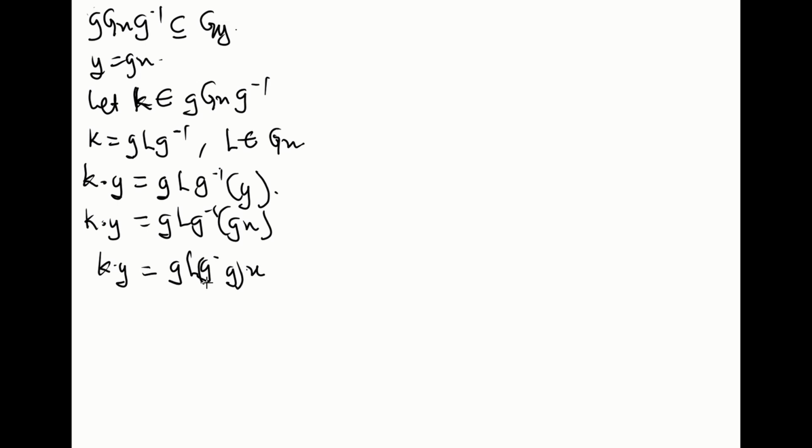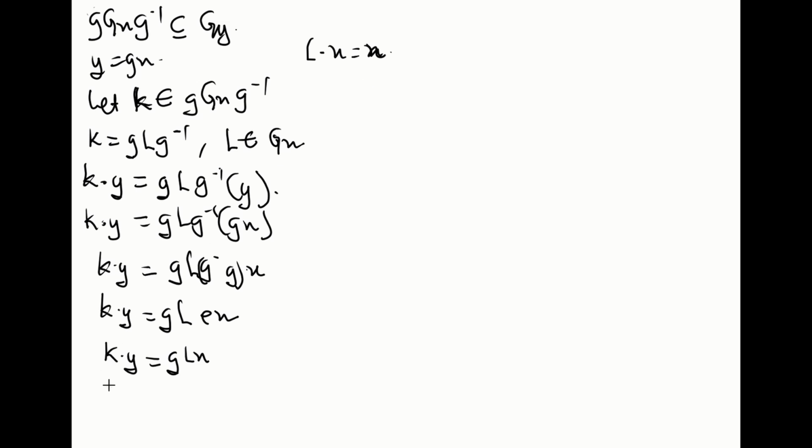Okay, let's see what this gives us. So we can see that there's going to be an identity element here. So k composed with y is giving us g l e x, which is g l x. But what is our l? Our l is from Gx, which is the stabilizer of x. It means that l composed with x should leave x unchanged. l composed with x should give us x back.